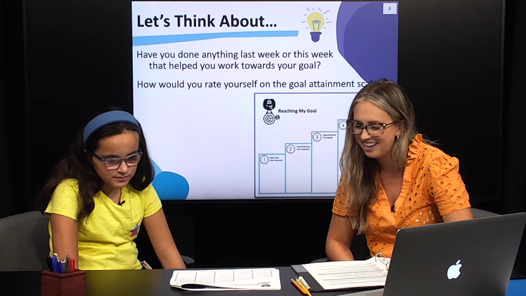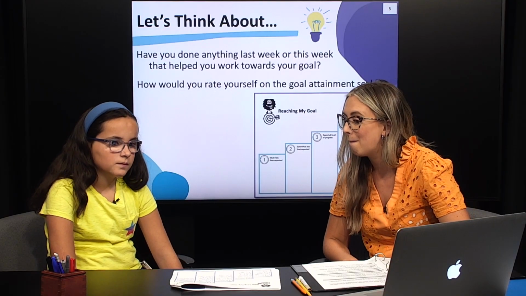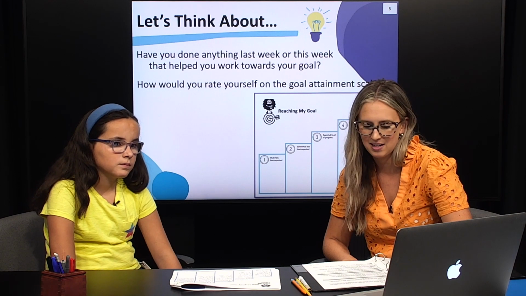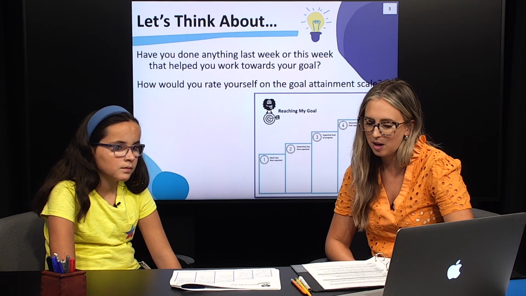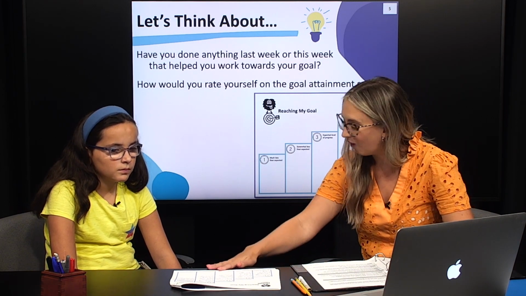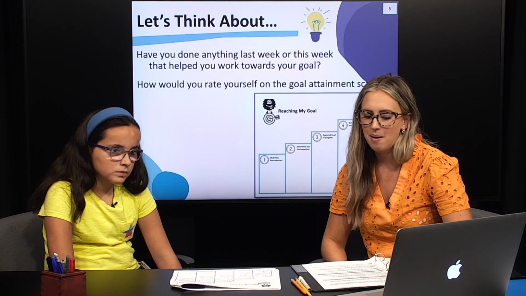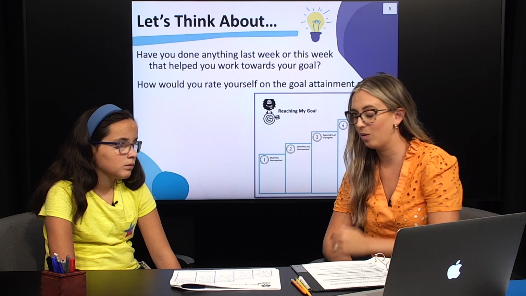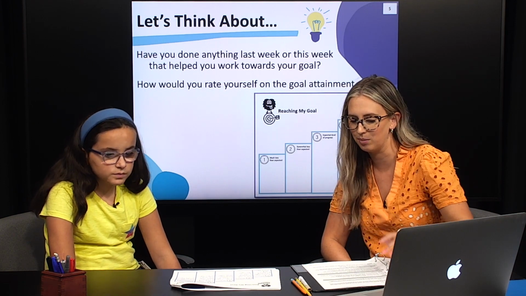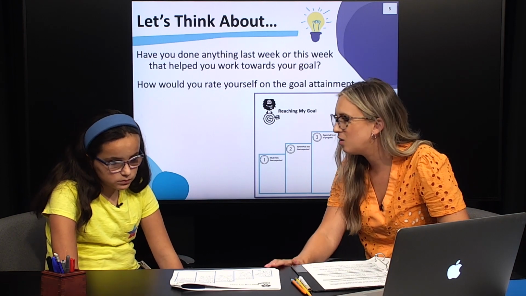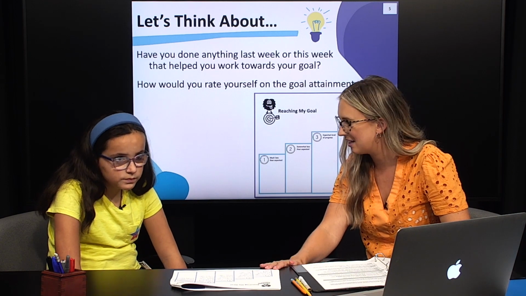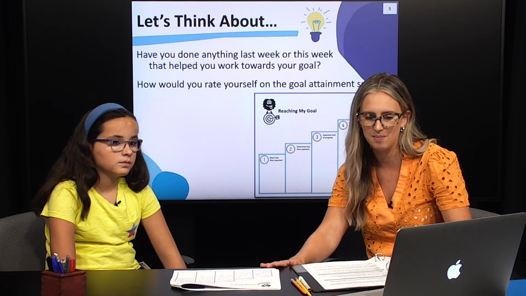That's fantastic. That's really good. And so that means you're doing much more progress than expected. And so remember, no matter where you fall on your goal attainment scale, it is a-okay because you always have more chances to learn and improve. And we're going to continue to check in on your goal attainment scale to keep track of your progress.